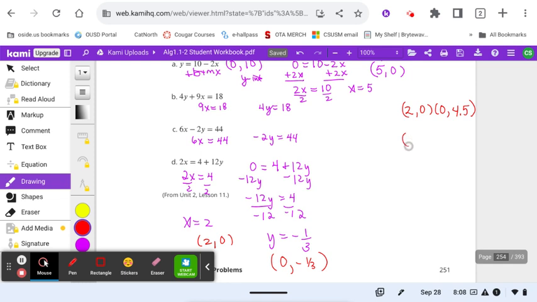And then C is 7 1/3 or 22 thirds. If you reduce that, 44 over 6. And then (0, -22). Make sure you show full work for those over here solving.